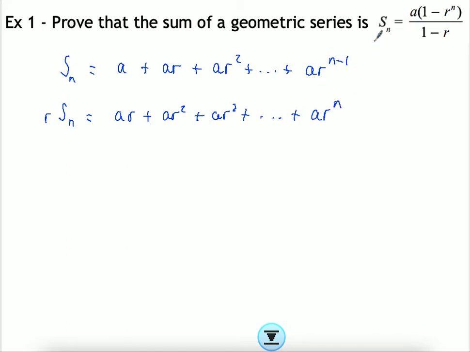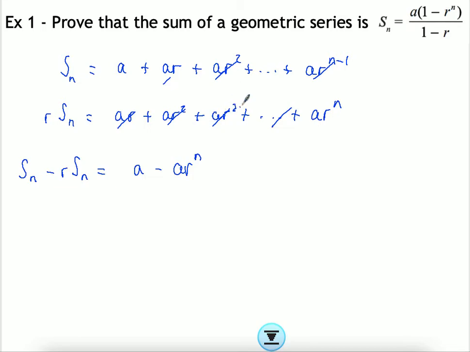Now we're going to subtract those two things from each other, and something magical happens. So Sn subtract r lots of the sum. Notice when we subtract, they cancel, they cancel, they cancel, leaving us with just A subtract AR to the power of n.